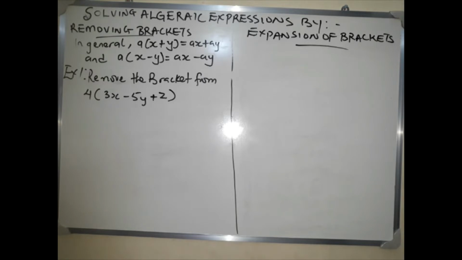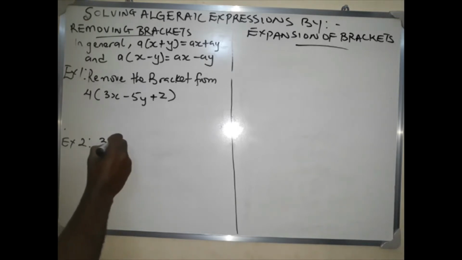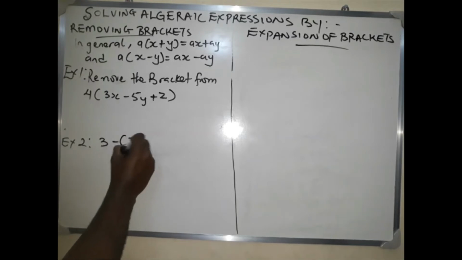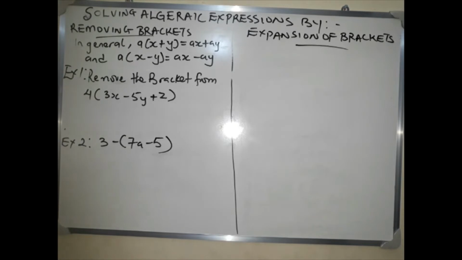And also, example 2, remove the bracket from 3 minus bracket 7a minus 5. So let's start with the very first one. Remove the bracket from 4 bracket 3x minus 5y plus z.